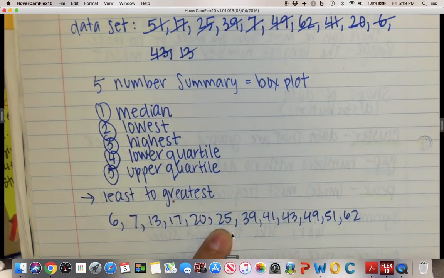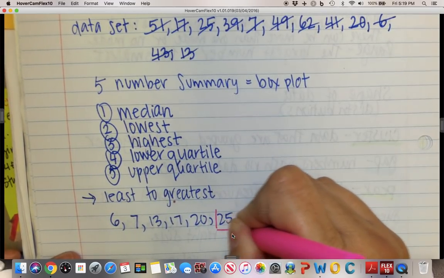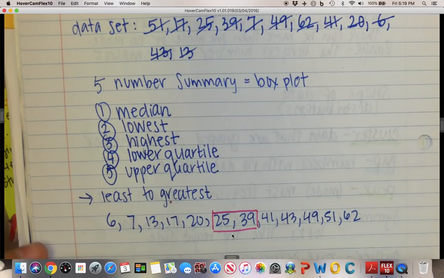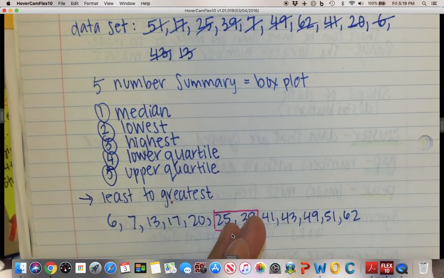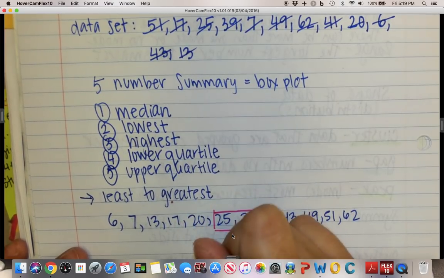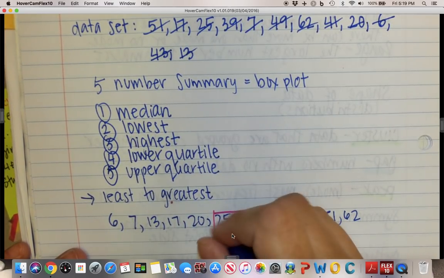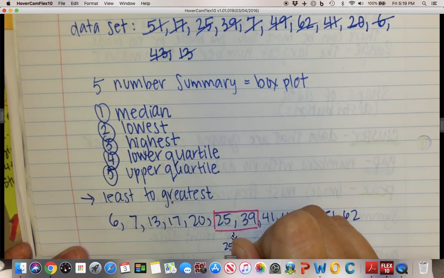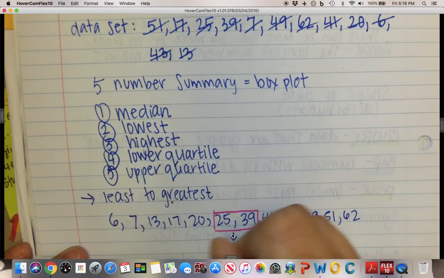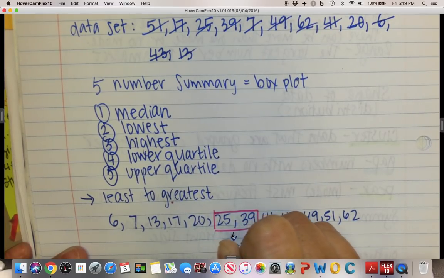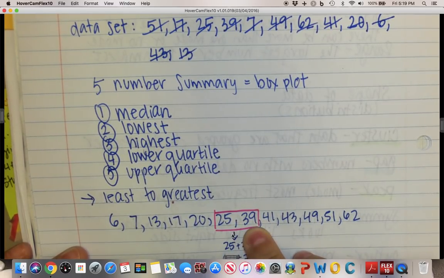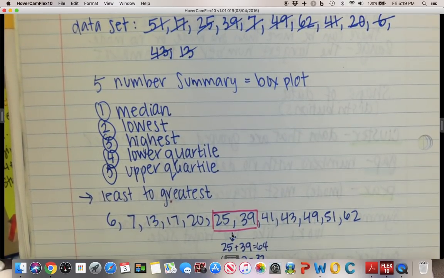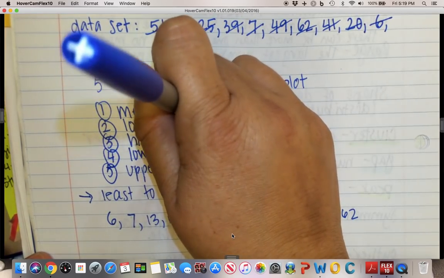And these two are the numbers that are in the middle. In order to find the median, I'm going to find the average of these two. So 25 plus 39 is 64. And 64 divided by 2, because there's two sets of data, is 32. So my median is 32.